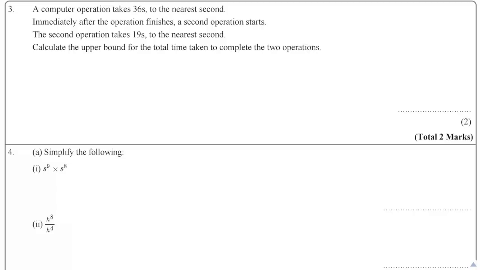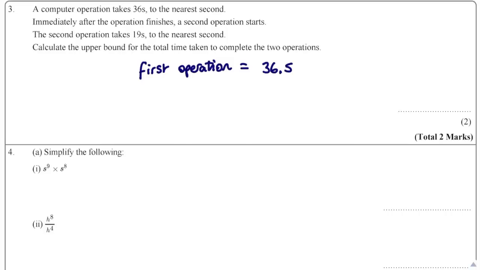Okay, so if we need to calculate the upper bound, we need to work out what the upper bound of the first operation is and what the upper bound of the second operation is. So if each of the operations has been rounded to the nearest second, the upper bound for the first operation is going to be 36.5.